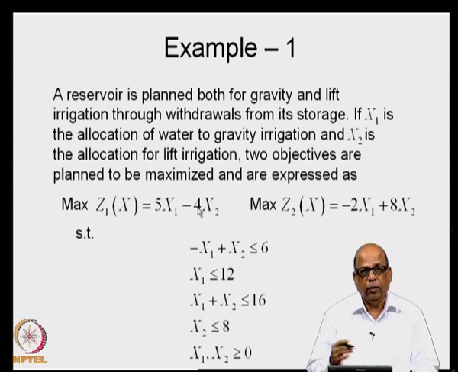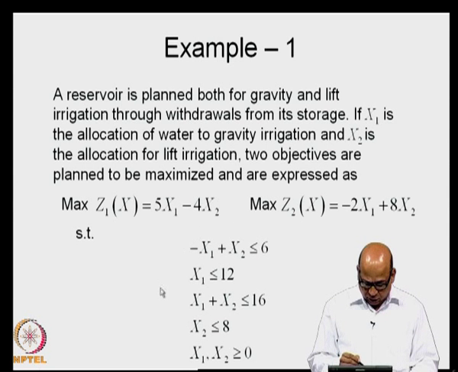If you are looking at power consumed, you have to convert it into the costs associated with it. Remember there is a negative term here, 5 x1 minus 4 x2, and also here, minus 2 x1 plus 8 x2.